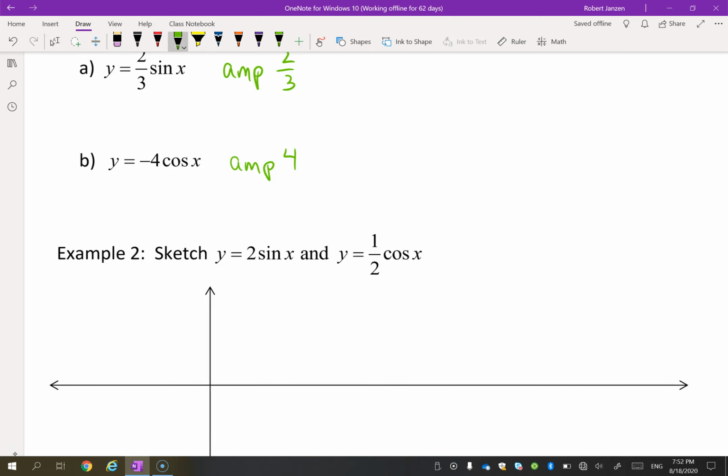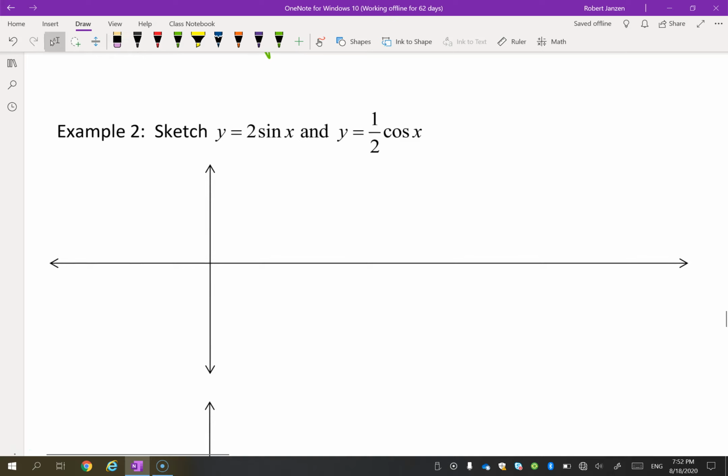So let's sketch a graph that has a different amplitude. Instead of just y equals sine x and y equals cos x, we'll take a look at the different amplitude. Now this is pretty simple. What you're going to do is draw the original graph. So if we're going to draw the sine graph, let's quickly put that down on this axis.